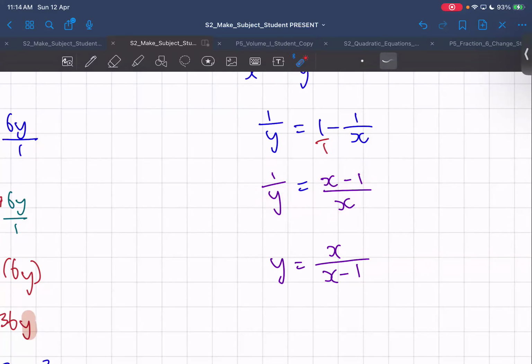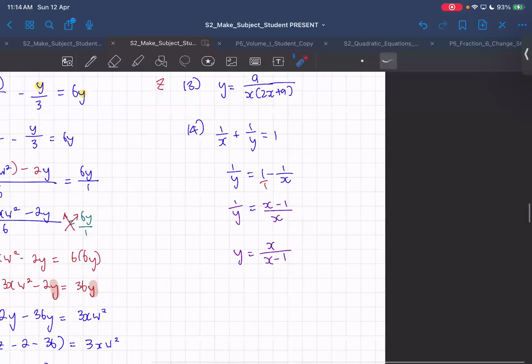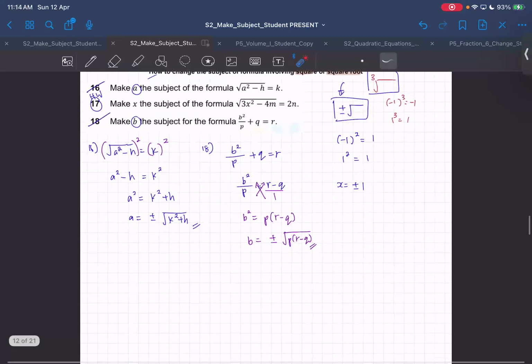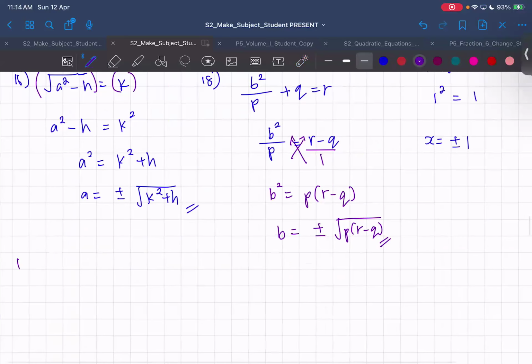Okay, now we will look at question 17. Can you all check if you have x equals plus minus square root of 4m squared plus 4m over 3? Can you all check?